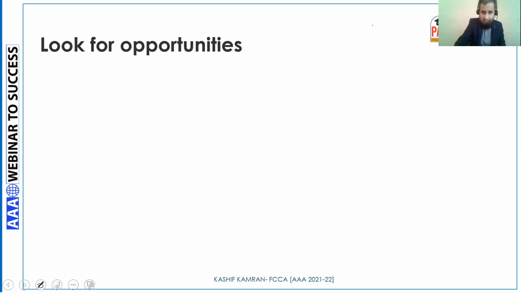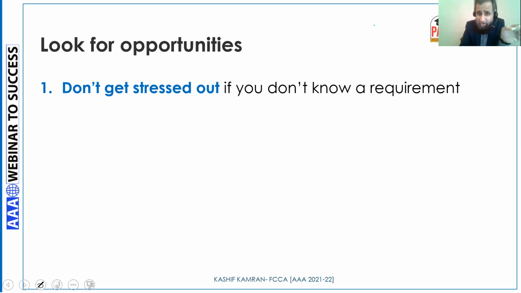So don't get stressed out if you don't know a requirement. Why should a 5 marks requirement spoil 95% of the paper? Why should a 10 marks requirement spoil 90% of the paper? Why should a 20 marks requirement spoil 80% of the paper? Every exam sitting, you will know 80% of the paper, or let's be safe, 75% of the paper.